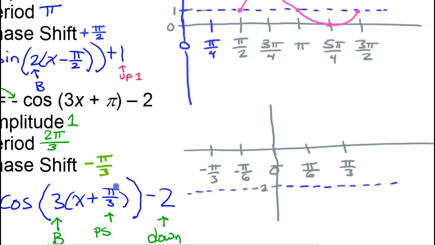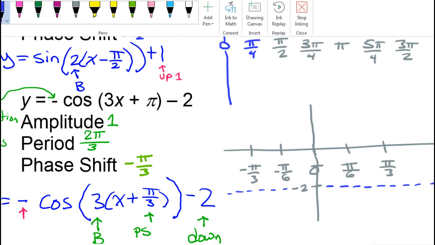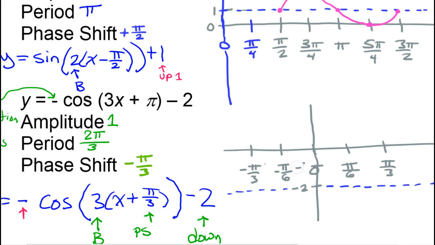Okay, now the amplitude is still 1. So that means when I graph the graph, it's just going to be 1 up and 1 down from the midline. So right here is negative 1. So this is negative 1 as far as the y-axis, and this is negative 3.